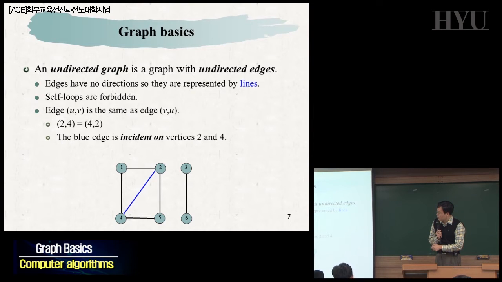Because there is no direction for an edge, this blue edge is called incident on vertices 2 and 4. We don't say it is from one to the other. We just say it's on 2 and 4.